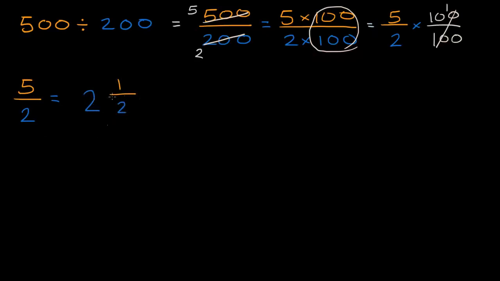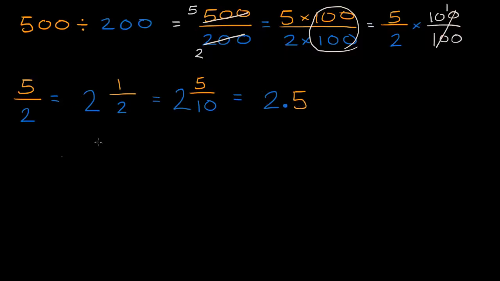And now how do we express this as a decimal? Well, you might recognize that 1 half is the same thing as 5 tenths. So this is going to be equal to 2 and 5 over 10, which of course we can write as 2.5 or 2 and 5 tenths. So 500 divided by 200 is 2.5.